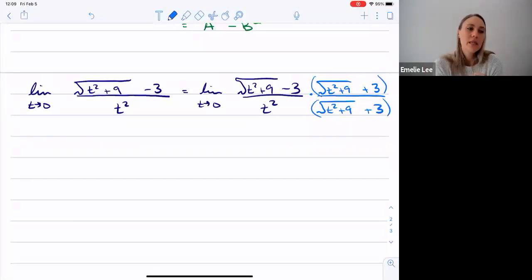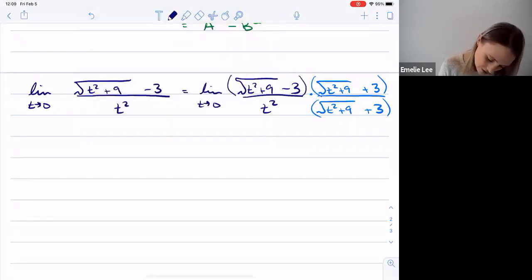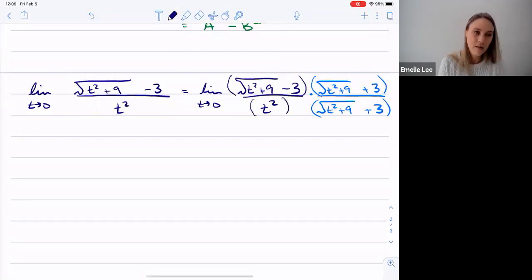You don't need them, but I find that they help. So now when I expand this out, notice that this section also has brackets around it, to emphasize that I'm multiplying this thing, then we're back to FOIL.